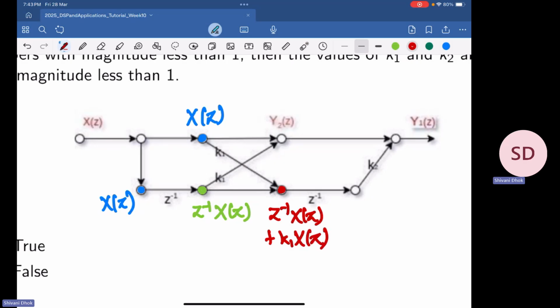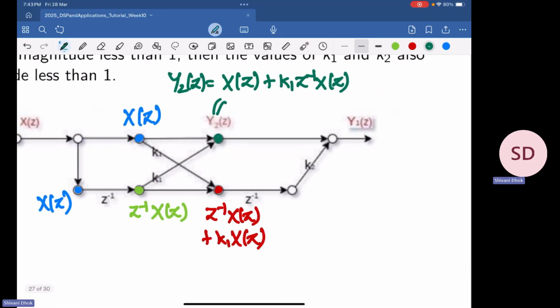Now at this location, we get this x of z as it is, and then the z inverse x of z gets multiplied by k1 and gets added here. So this y2 of z is equal to x of z plus k1 times z inverse into x of z.